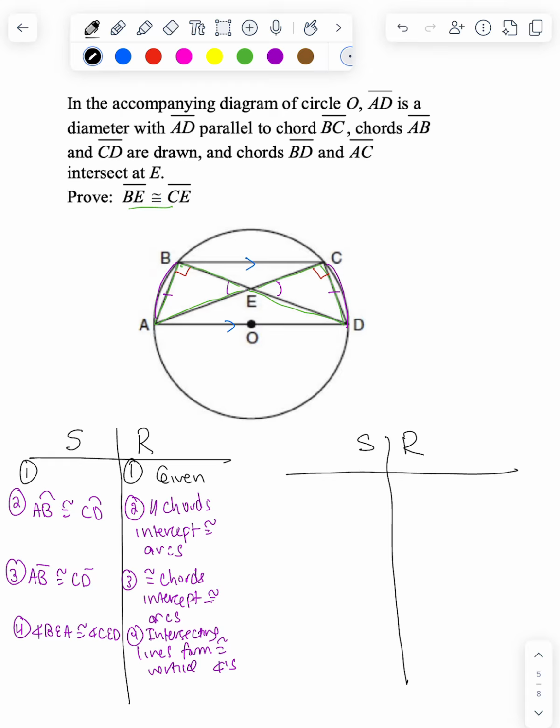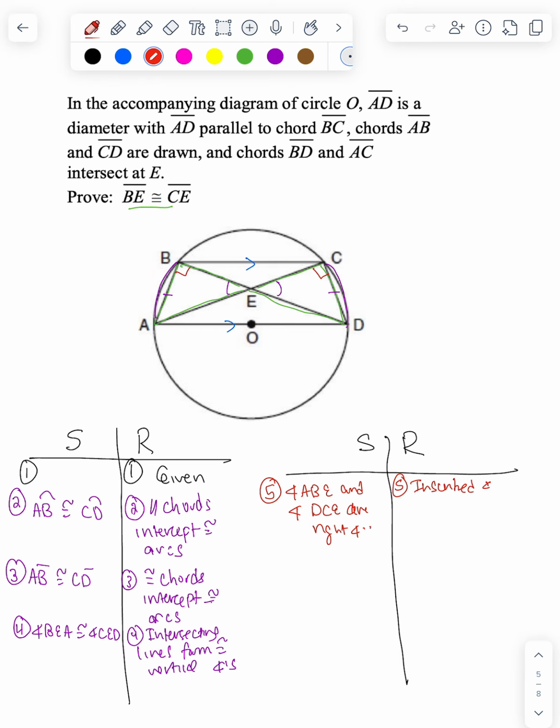And now I'm going to put in the right angles. Angle ABE and angle DCE are right angles.